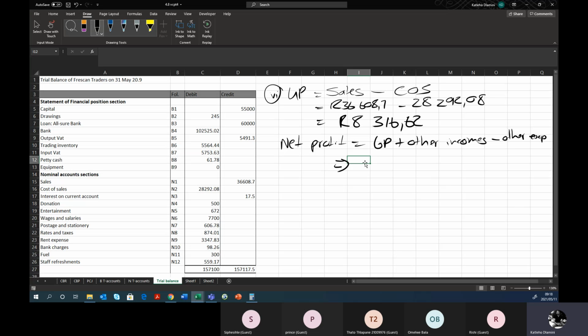So I have 8,316 Rand, 0.62 cents. I'm going to add this. I'm also going to add that. Then I'm going to subtract in brackets this. Oh, wait. And sales again. How could I do that? And then I'm going to subtract everything else here.